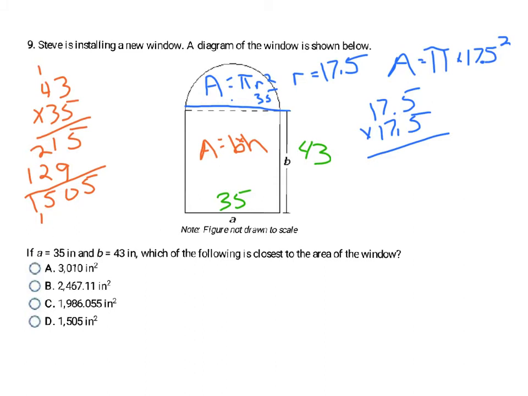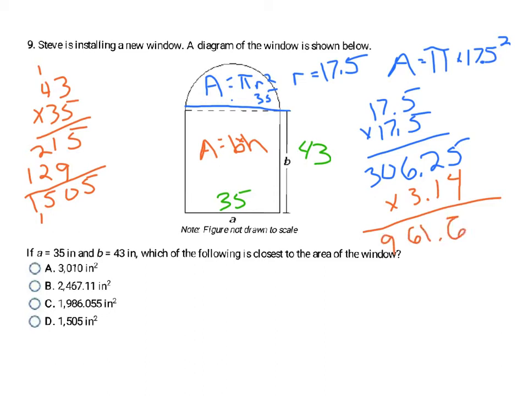And when I work that all out, I get 306.25. And then I'm going to take that times pi, and this time I'm actually going to use 3.14 because I looked at my answers and there's no pi symbol. And then when I work that all out, I get 961.625.